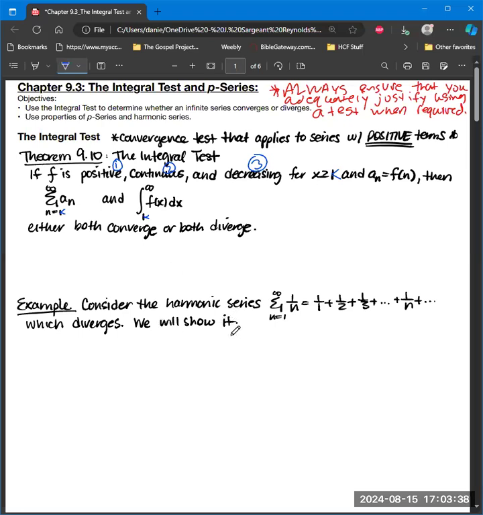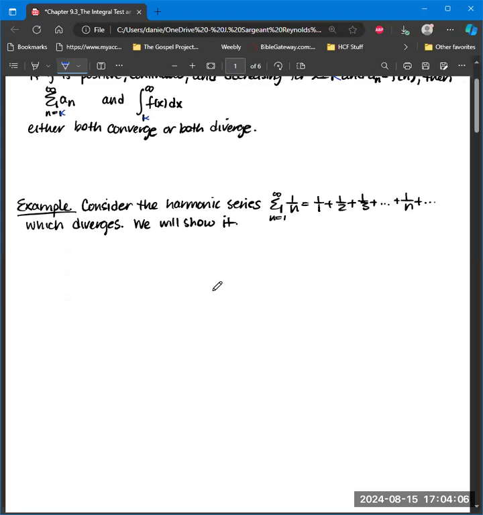I may even need to peel off a certain number of terms to make that happen. Then if the integral converges, the series converges. If the integral diverges, the series diverges. They both converge or both diverge. They don't necessarily converge to the same thing, but they will have the same convergence or divergence behavior.